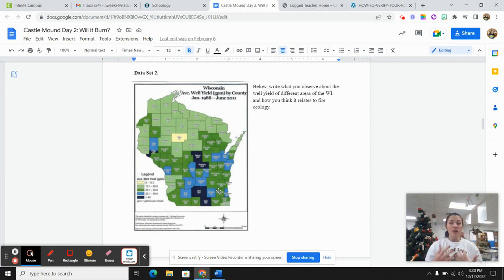So in this area of the state, we have a lot more moisture in the ground, and that can impart moisture into our trees in a drought condition when we have those underground water tables. So, what do we observe about the well yield in different areas of Wisconsin, and how does that relate to fire ecology?